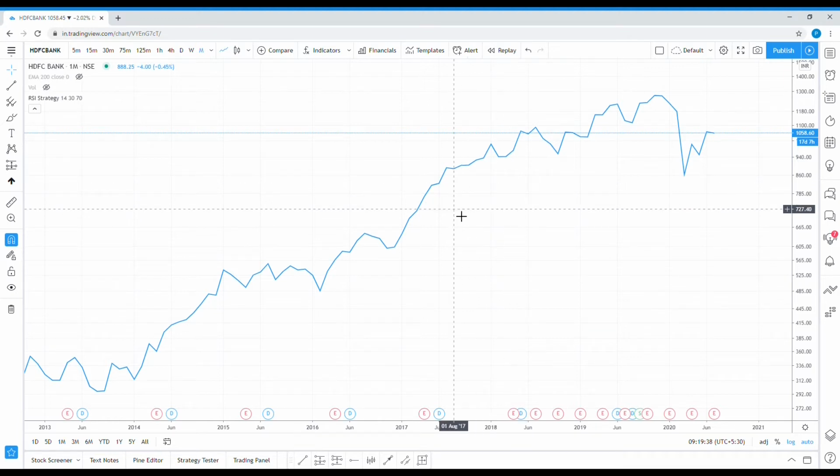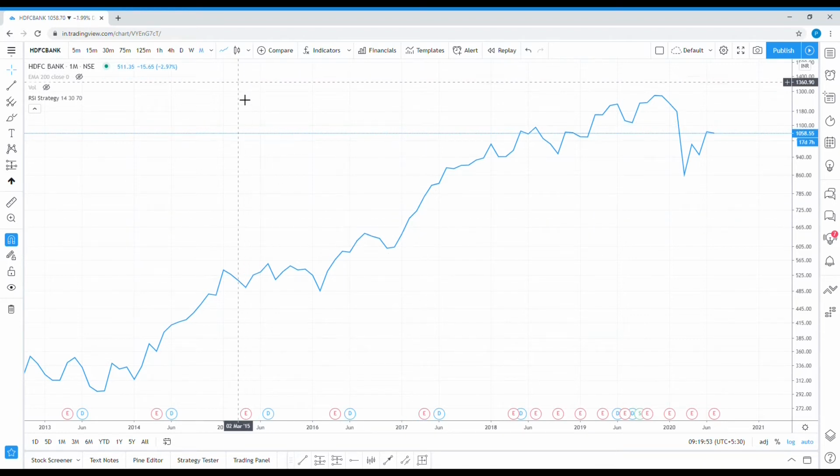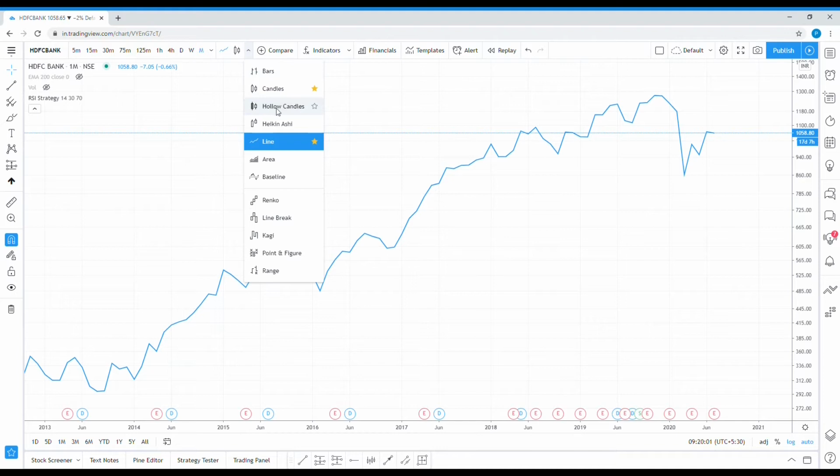But it doesn't give us more details when it comes to seeing a particular day's information, like what was the open price, what was the close price. So for seeing a more detailed view of the price on the chart, mostly people use candlestick charts.